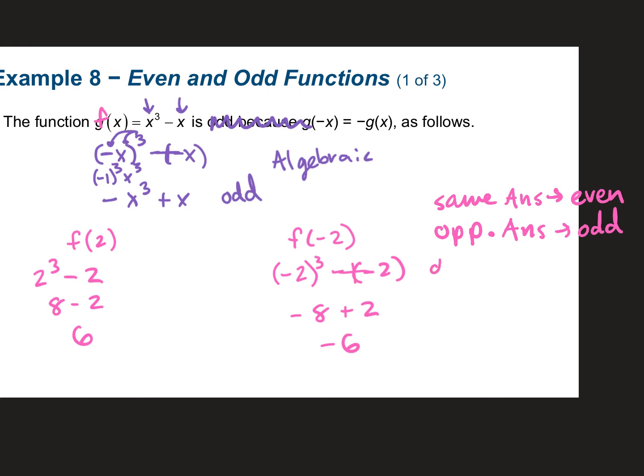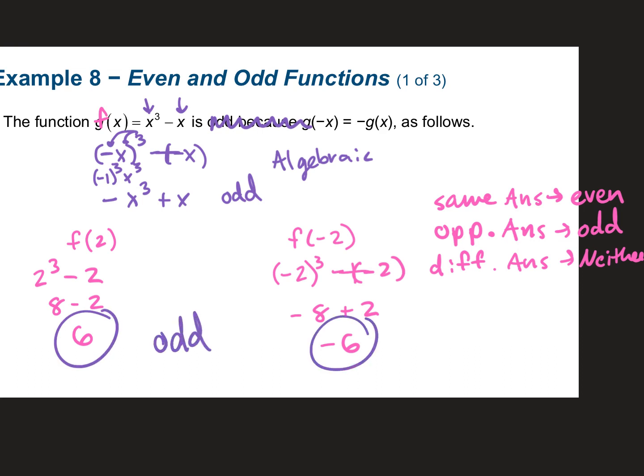And if we get completely different answers, different numbers, then they are neither even nor odd. So here we got opposite answers. We got 6 and negative 6. So this would mean it's an odd function.